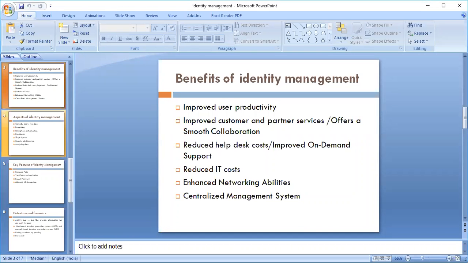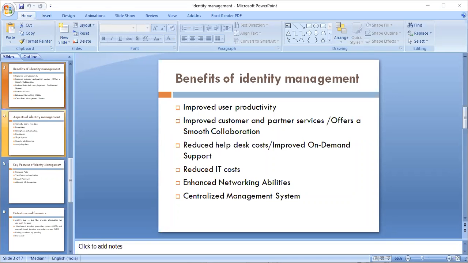The next benefit is improved customer and partner services, or we can say it offers smooth collaboration. So how does it provide smooth collaboration? Software as a service is increasingly being designed and utilized as the hub for connecting with virtual networks of several suppliers.